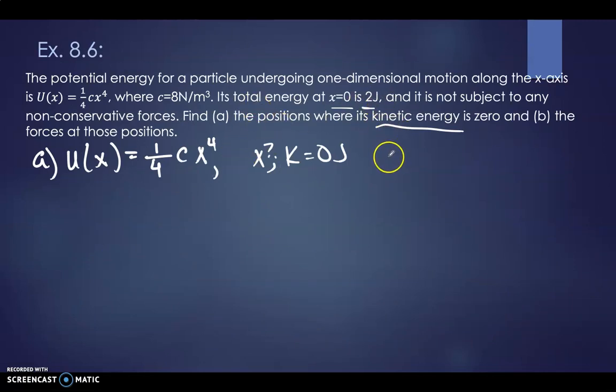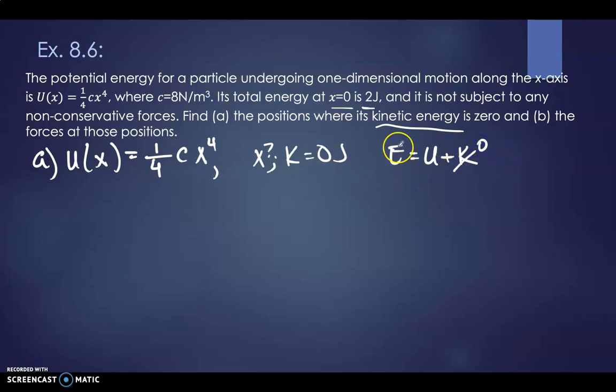Total energy E is equal to U plus K, right? So what we need to do is say that at this point the kinetic energy is 0.